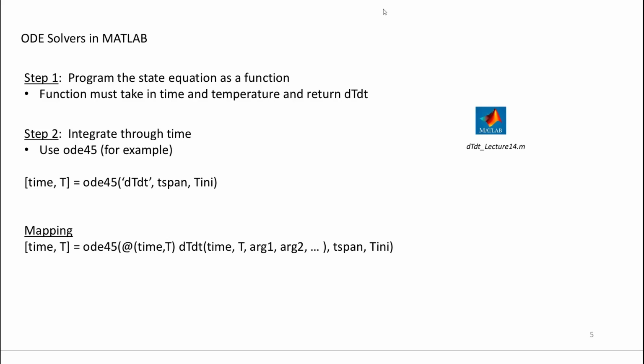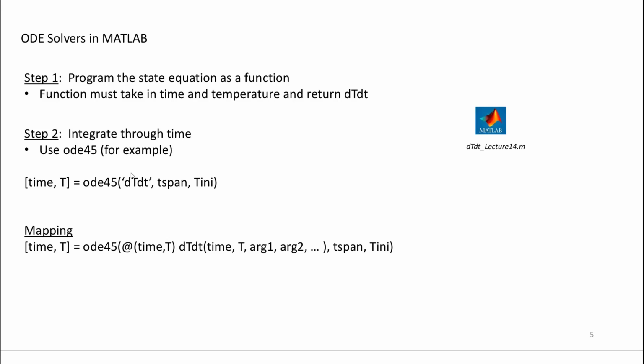So there are different ODE solvers in MATLAB. One of the most general ones is called ODE45. I'd recommend you go look at the documentation on this if you have questions, or ask me too, but there is good documentation on this. The gist of it is that you call this function ODE45.